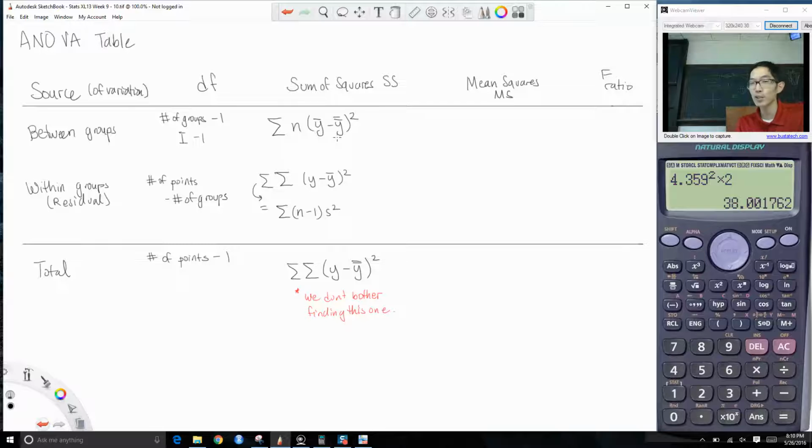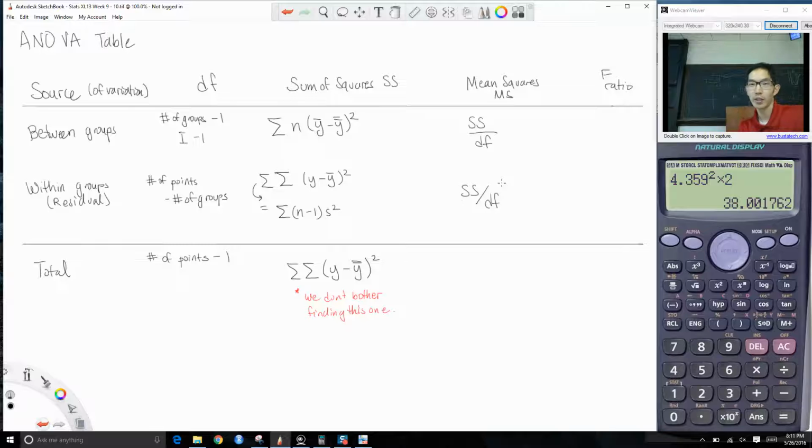We can think of the mean squares as the total variance, basically doing the same thing here. So it's just the sum of squares divided by the degrees of freedom, the mean squares. It's how much of the variance can be attributed to each degree of freedom, really.